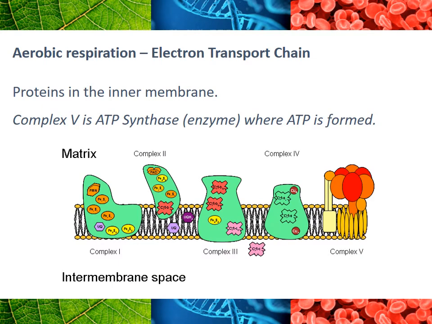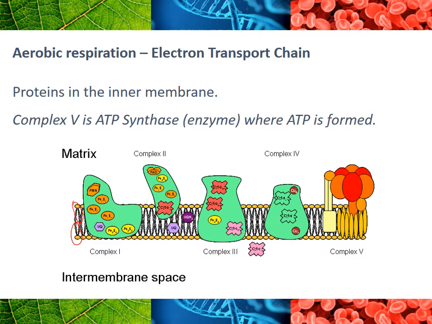This is a better diagram than what I drew of the cytochromes in the membrane, but if you actually look at this, you can see we have phospholipid molecules, same as a plasma membrane, and each of these is a protein. You don't need to know the names of these proteins, but they basically work as a mini production line, really, moving electrons along. This one is probably worth having a look at.